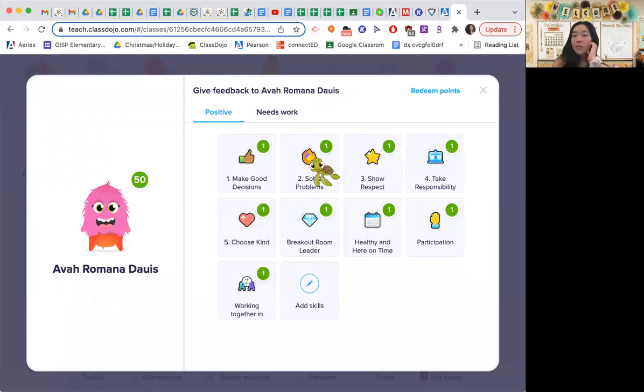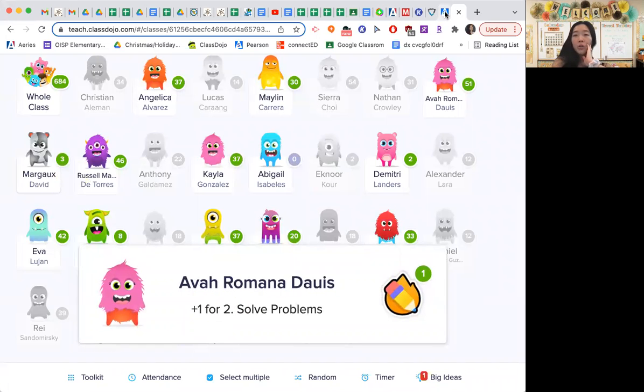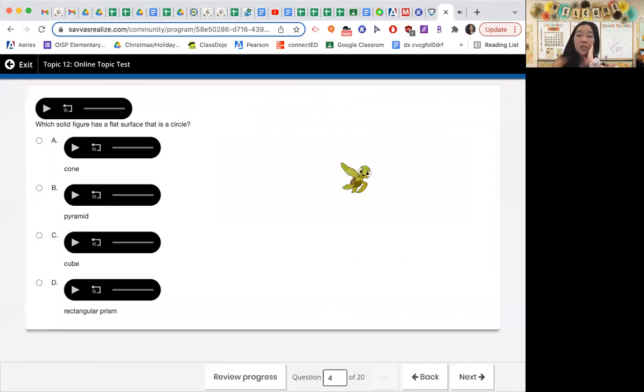Next student, Margot. Margot, you're going to answer the next question. Which solid figure has a flat surface that is a circle? So which of those solid figures, if you were to stamp it, would make a circle on its flat surface? A cone, a pyramid, a cube, or a rectangular prism?